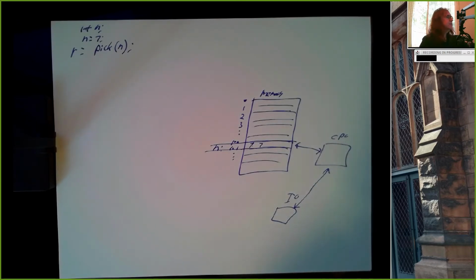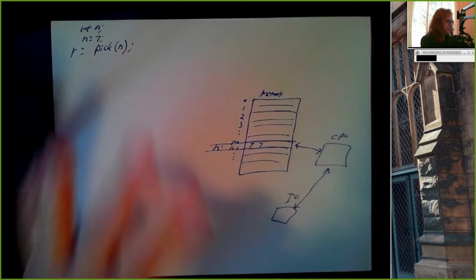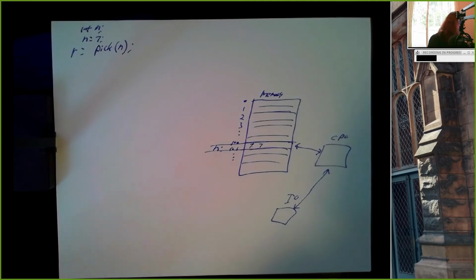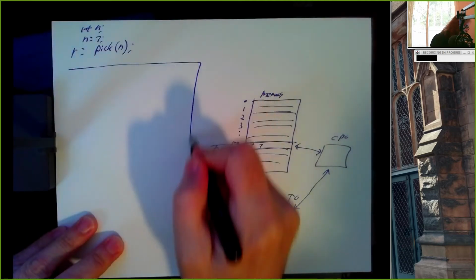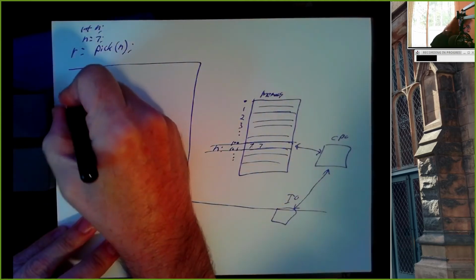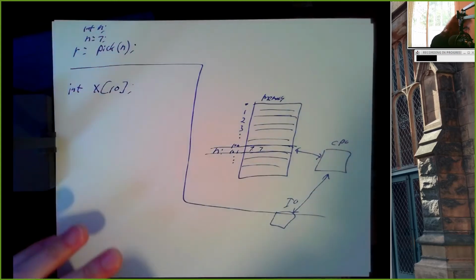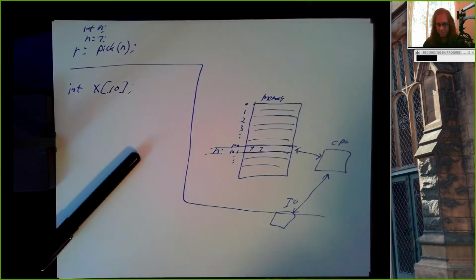All right, so this is not too bad with integers compared to what happens if we have arrays. So suppose I say integer x bracket 10. All right, so this is an array.